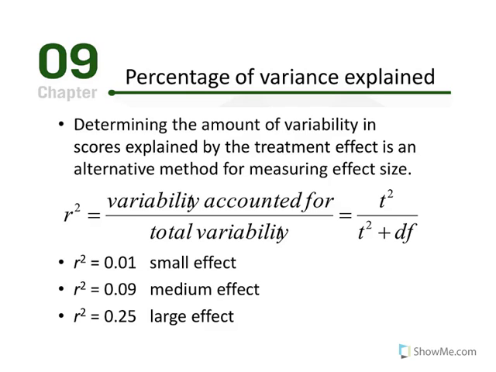And we calculate r-squared by taking the variability accounted for by treatment or difference in quasi-independent variable conditions and divide by total variability. And that translates into this equation here. t squared, so again our t statistic, we calculated that previously.